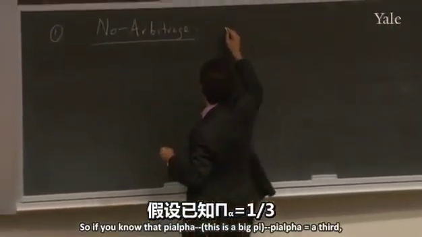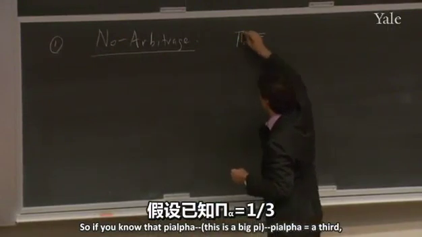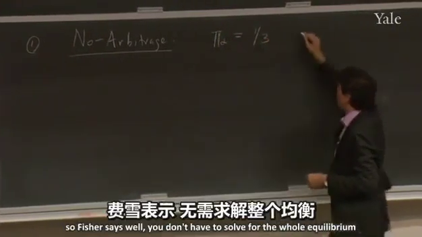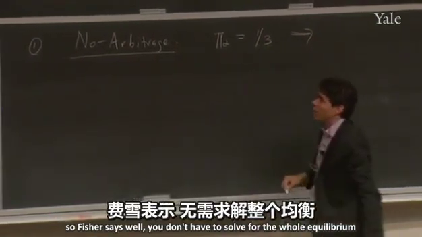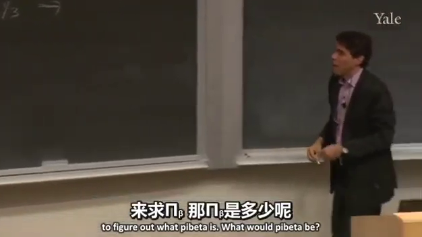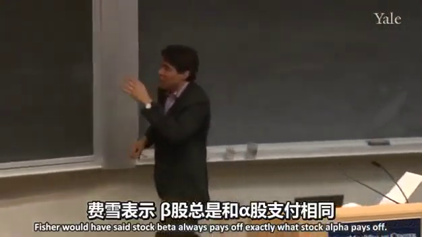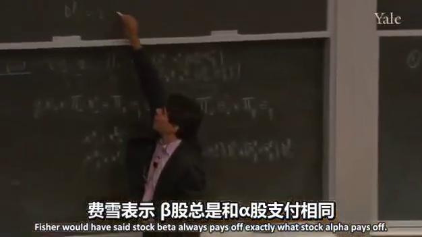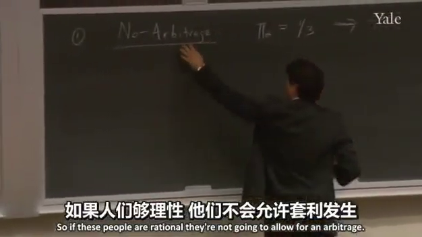So if you know that big pi alpha equals 1/3, Fisher says, well, you don't have to solve for the whole equilibrium to figure out what pi beta is. What must pi beta be? Well, Fisher would have said stock beta always pays off exactly what stock alpha pays off. So if these people are rational, they're not going to allow for an arbitrage.